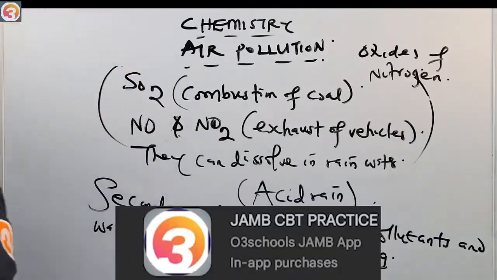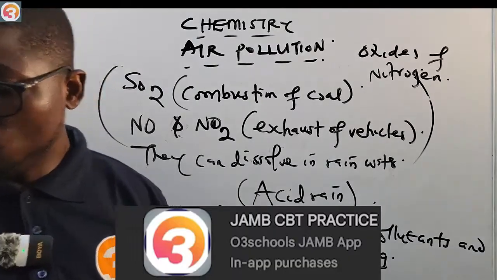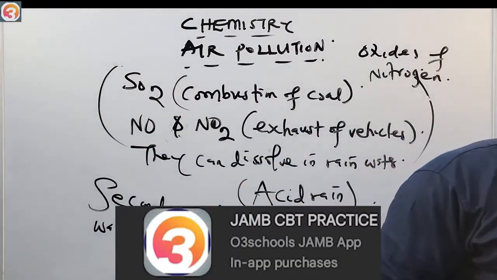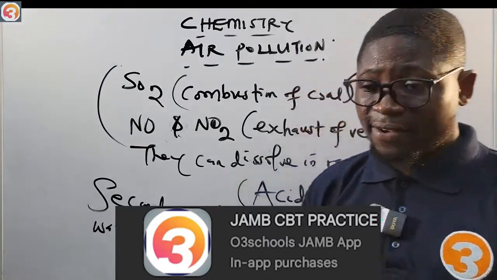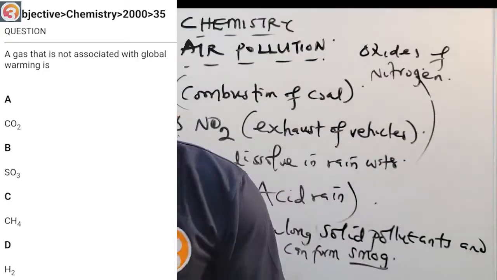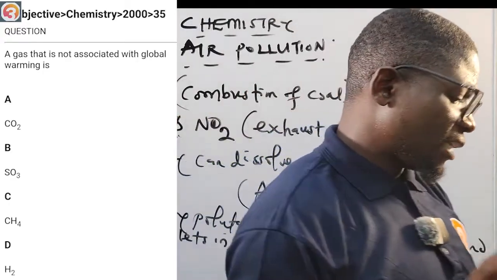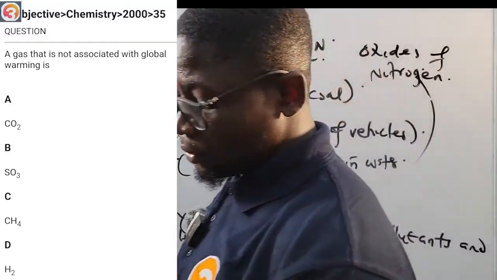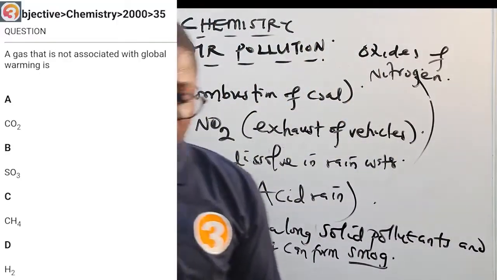Now I'm going to go to the O3 Schools app and then we'll take some questions and we'll be done with this class. This is year 2000, number 35. It says a gas that is not associated with global warming is A, CO2, B, SO3, C, CH4, D, H2.